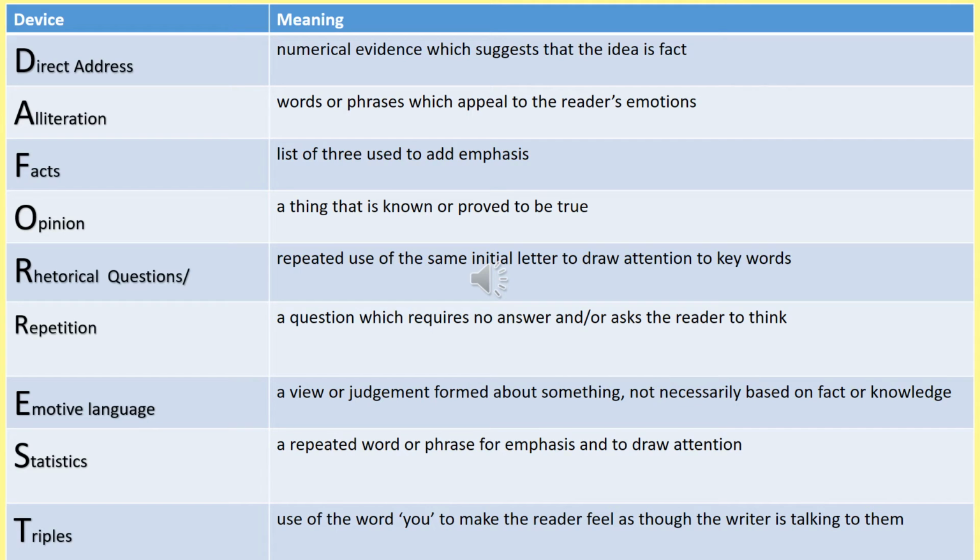A question which requires no answer or makes the reader think. A view or a judgment formed about something, not necessarily based on fact or knowledge. A repeated word or phrase for emphasis and to draw your attention. Use of the word you to make the reader feel as though the writer is talking to them. Those are your options. Try and match them up.